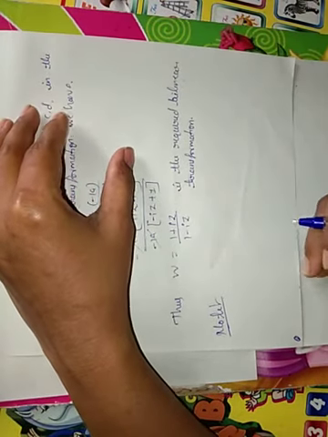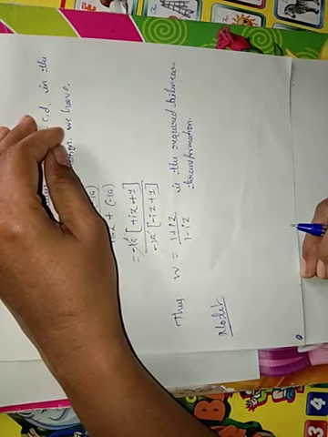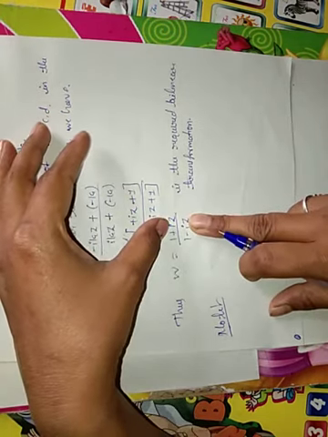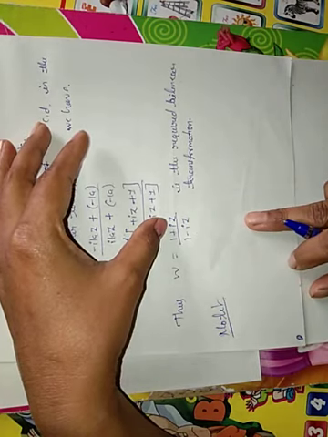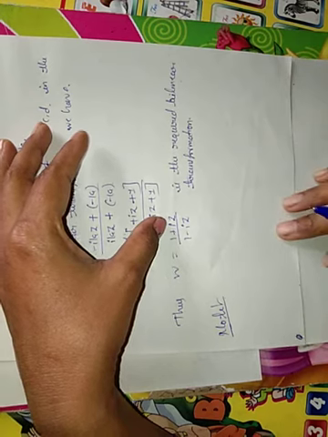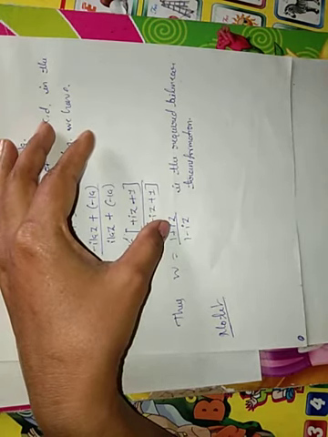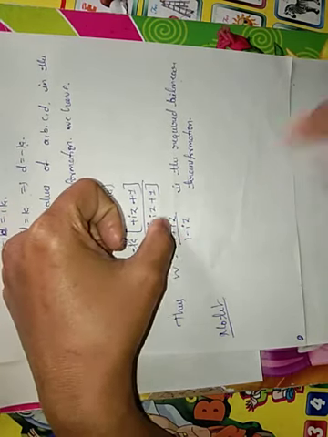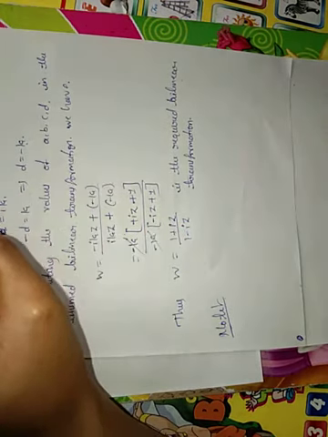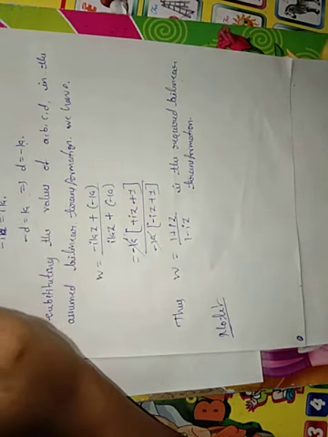We can verify the answer by substituting the values of z in the RHS of this result. W must tally with the given data. We have found 1 plus iz divided by 1 minus iz as the bilinear transformation, and we can cross check whether it is right or not.